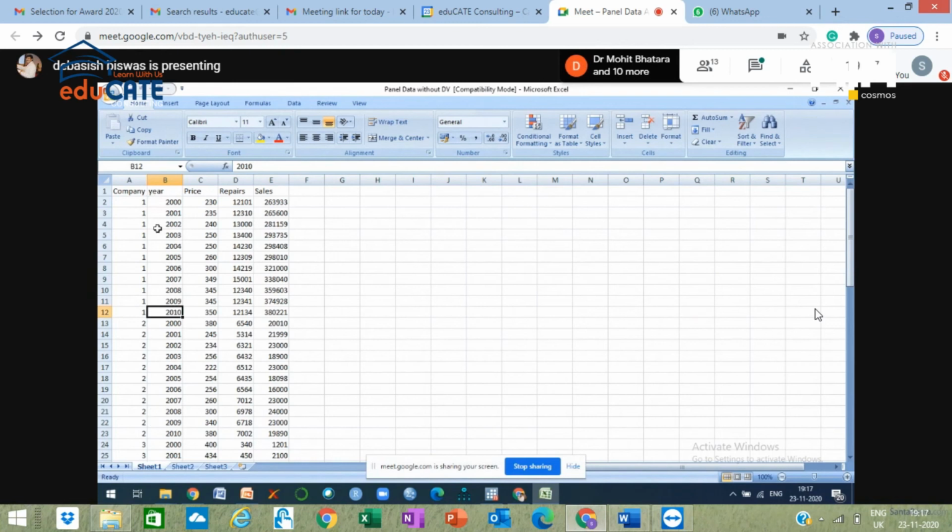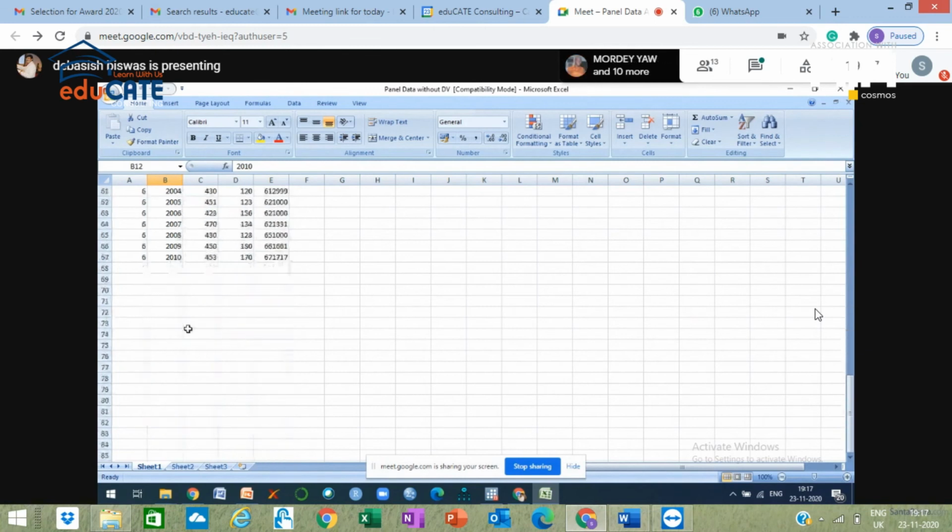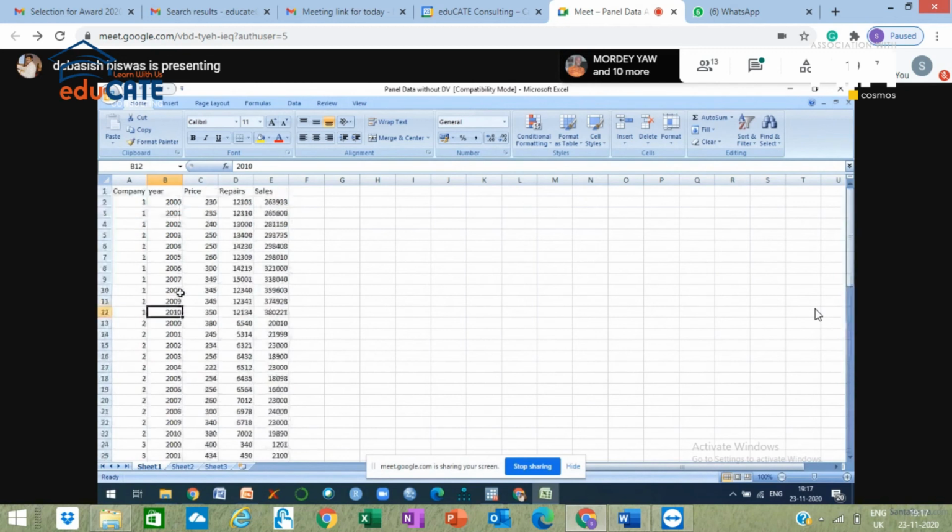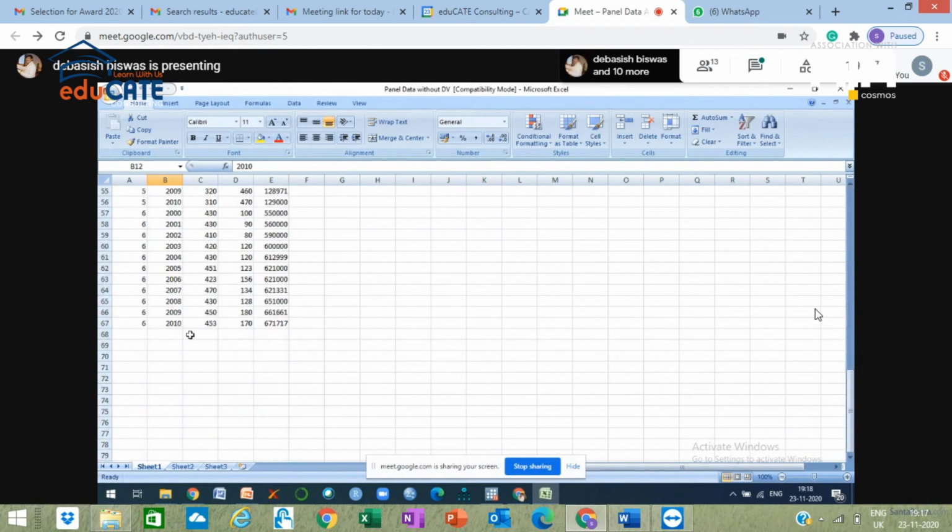So for 6 companies, how many combinations? 66 observations. Just look here, it shows 67 because one cell is occupied by the variable names, so the total number of observations is 66.